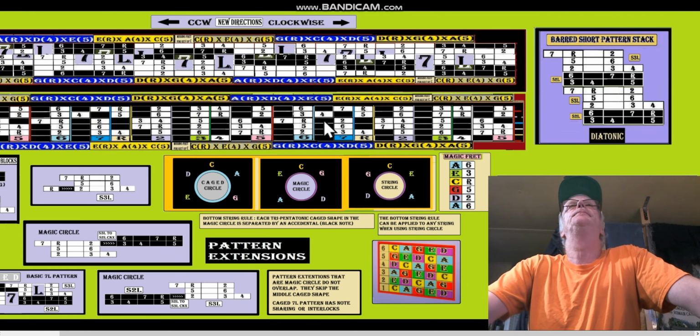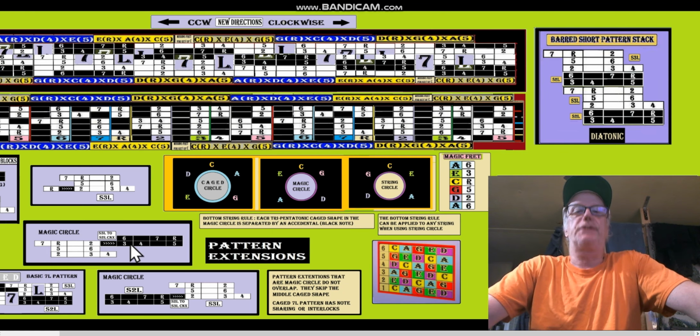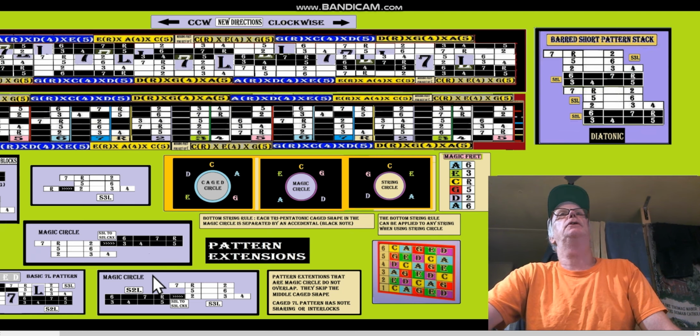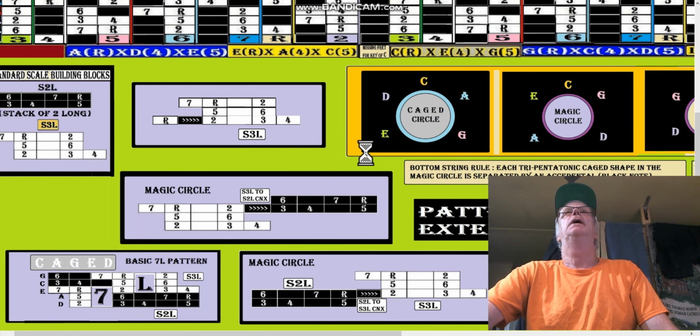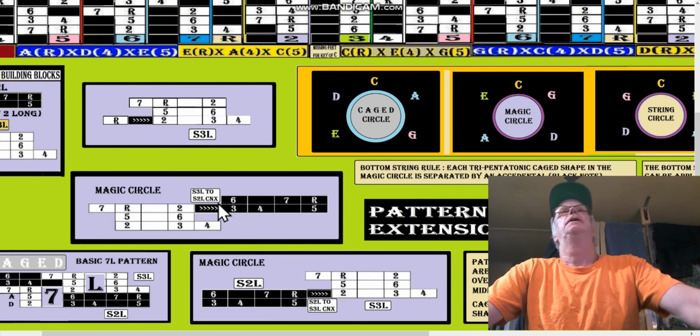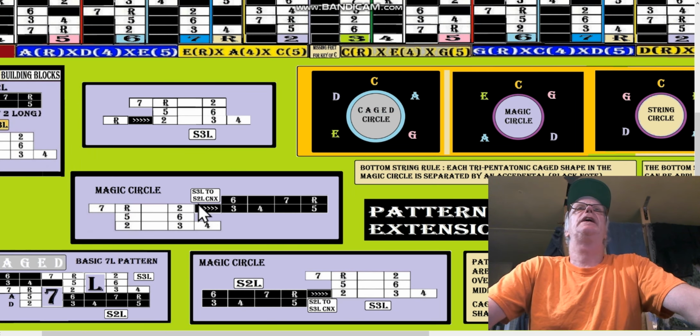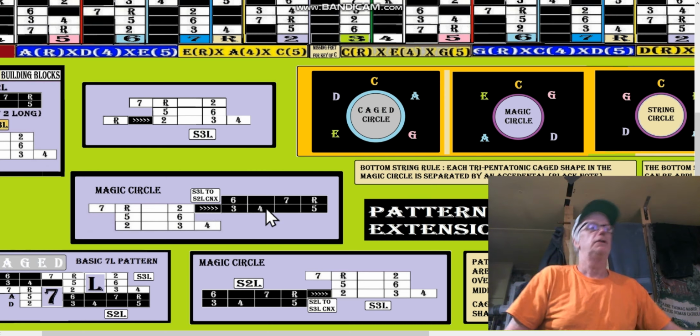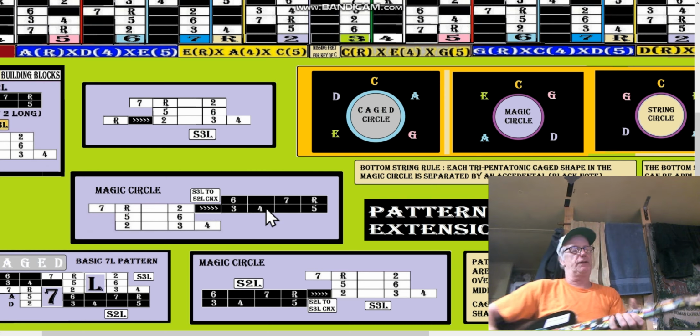So now we're going to employ that same strategy over to the magic circle based transition from an S3L to an S2L on string. So now we're not going like this.